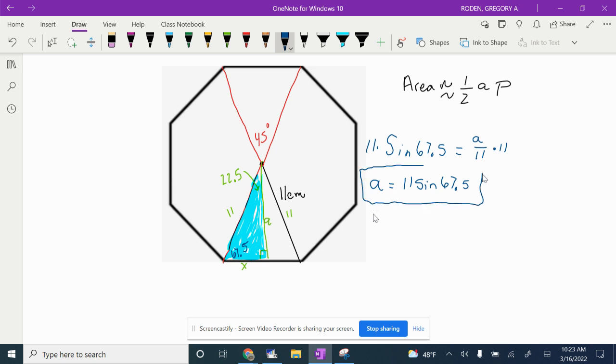Esme, help me out. How would I find X? Let's use 67.5 as our reference angle. To find X, we're going to use this 11 again, and this X. This is the adjacent side of that angle, right?